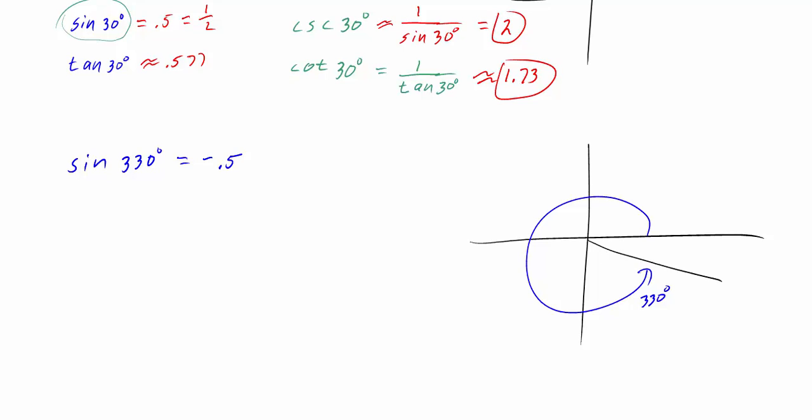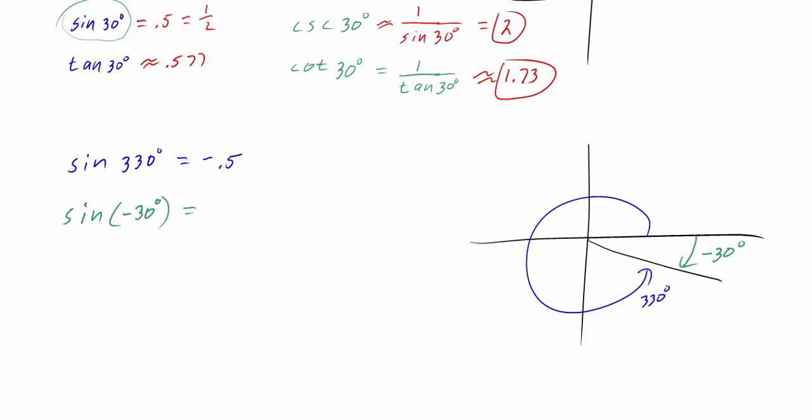Now, what's going to happen if I was to take the sine of a negative 30 degrees? Use a different color here. What if we wanted to find the sine of a negative 30 degrees? Well, the negative means now we're not going around counterclockwise. That means we're going to rotate downward here. So this would be a negative 30 degrees. And realize, what about the relationship of your 330-degree angle and the negative 30 degrees?